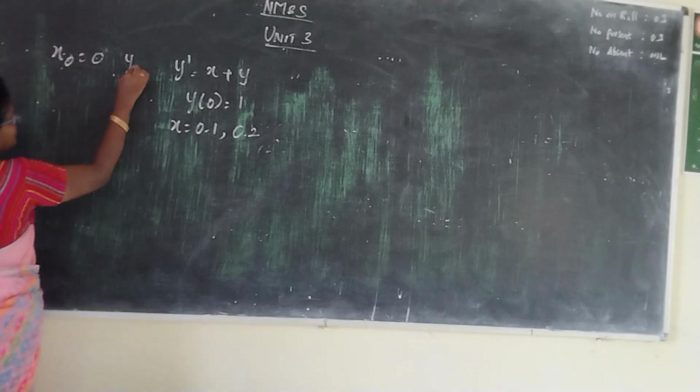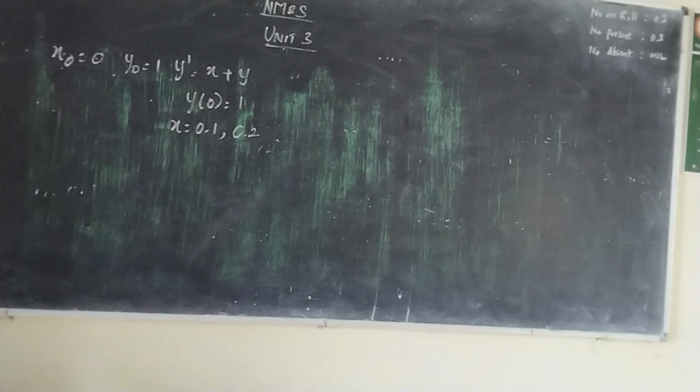Are you given the h value? No. So assume the given values as x values. What is given? Find y at x is equal to 0.1 and 0.2. Assume that as the next two x values. So x1 is equal to 0.1, x2 is equal to 0.2.